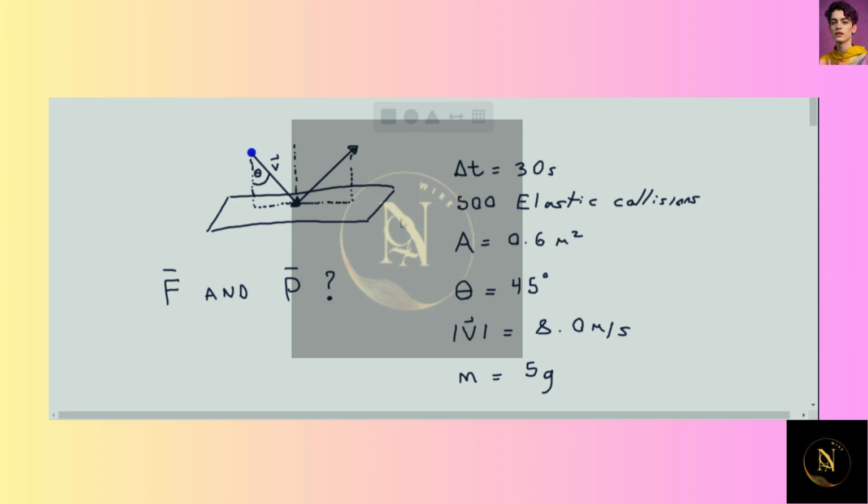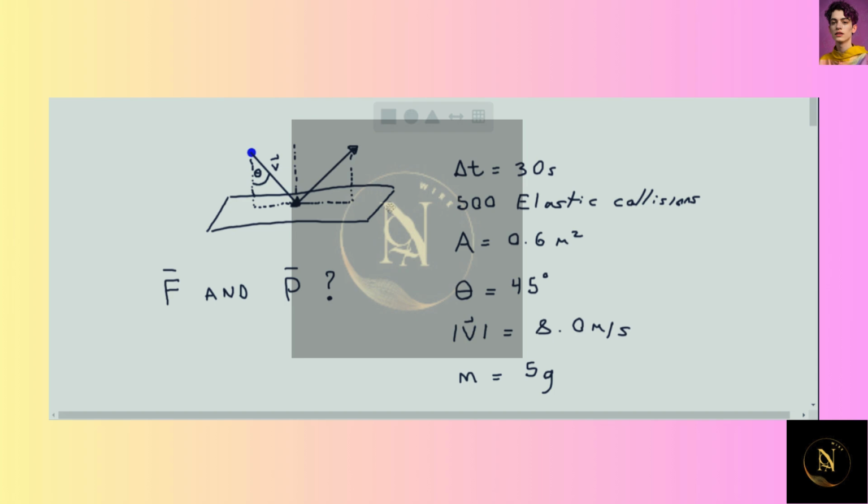So an important distinction here is that these are assumed to be elastic collisions, and that is that there is no loss of energy when these collisions occur. So if you recall, this is exactly the same setup as what we used to derive our molecular model for an ideal gas.